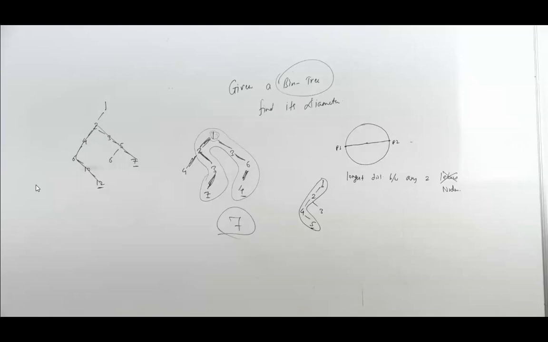Okay, one of you is saying it will be max of height of left plus max of height of right. When you are doing max of something, then there should be two things inside it, right?